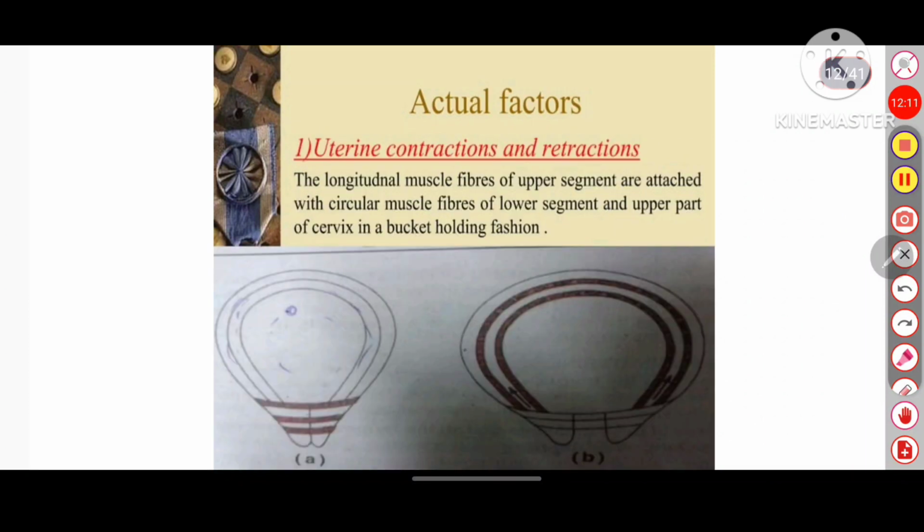Usually the uterine contractions and retractions start, and the longitudinal muscle fibers of the upper segment attach with the circular muscle fibers of the lower segment and the upper part of the cervix in a bucket-holding fashion.